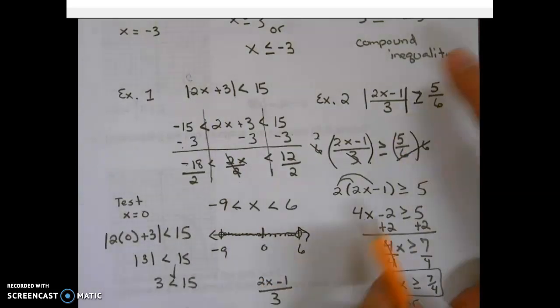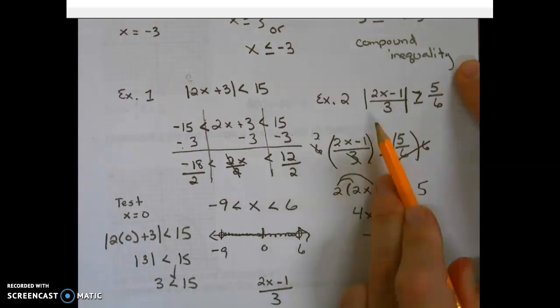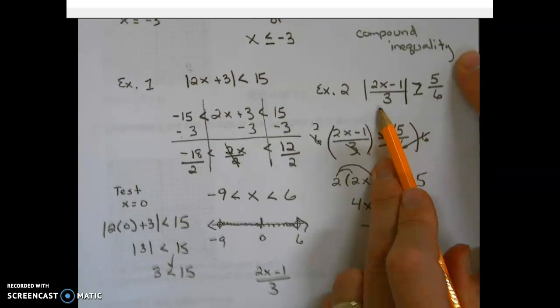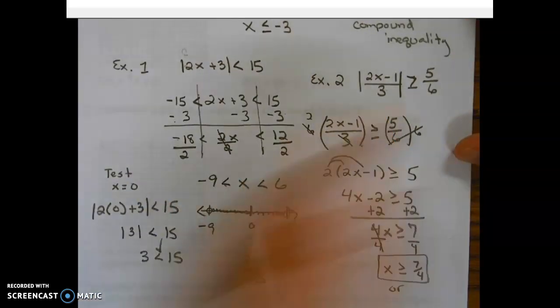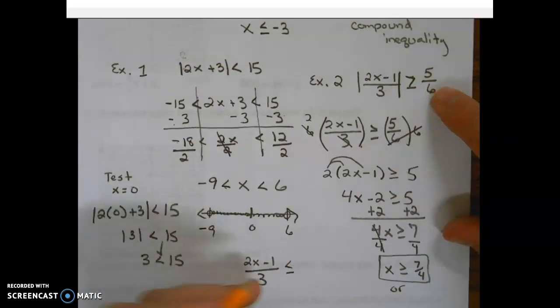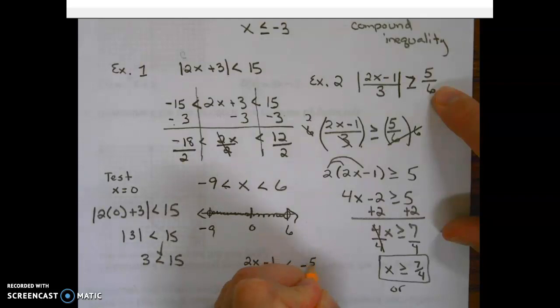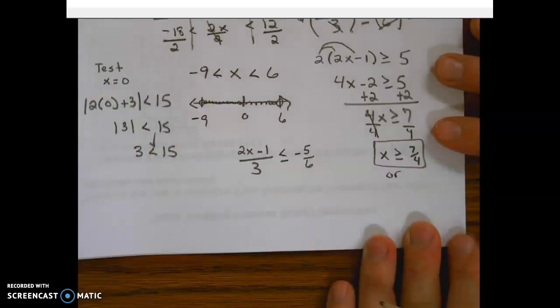Notice that when we set these up, the absolute value goes away. We take what's inside the absolute value, and the absolute value goes away. Okay, and so this is going to change to less than or equal to, and we're going to use negative 5/6.